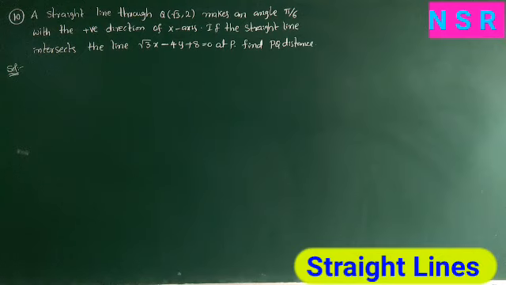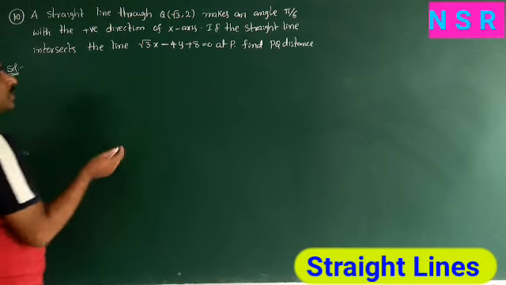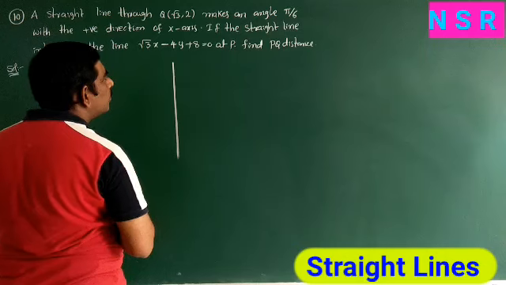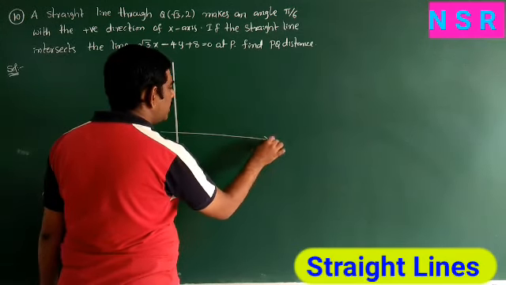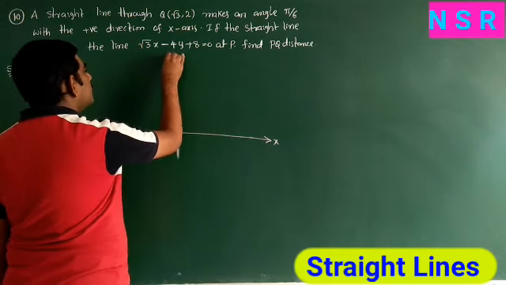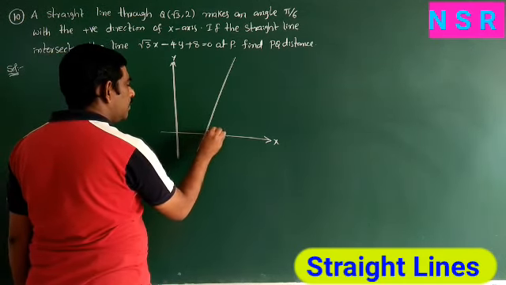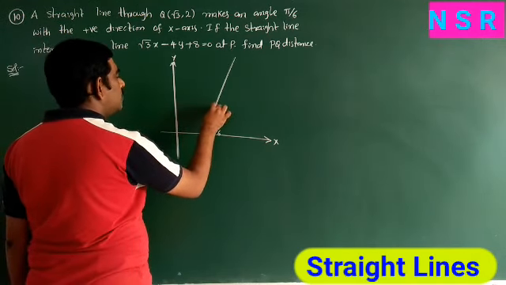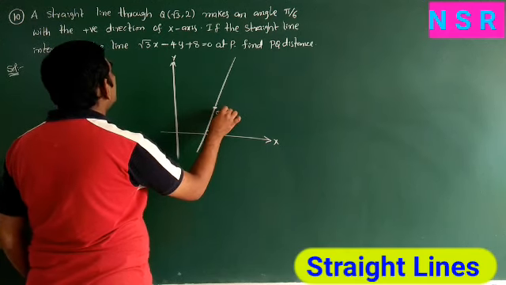Next, question number 10. A straight line through Q makes angle pi by 6 with the positive direction of the x axis and intersects the line root 3x - 4y + 8 = 0 at P. Then find the distance between P and Q. So this line makes angle pi by 6 with the positive direction of the x axis and it is passing through the point Q. What is the point Q?